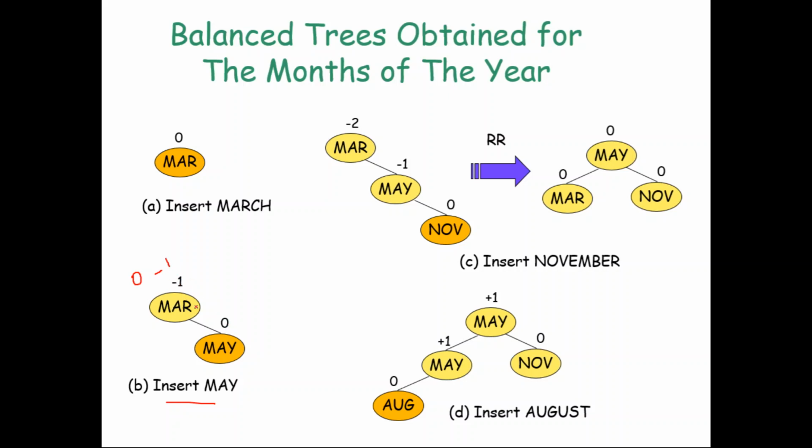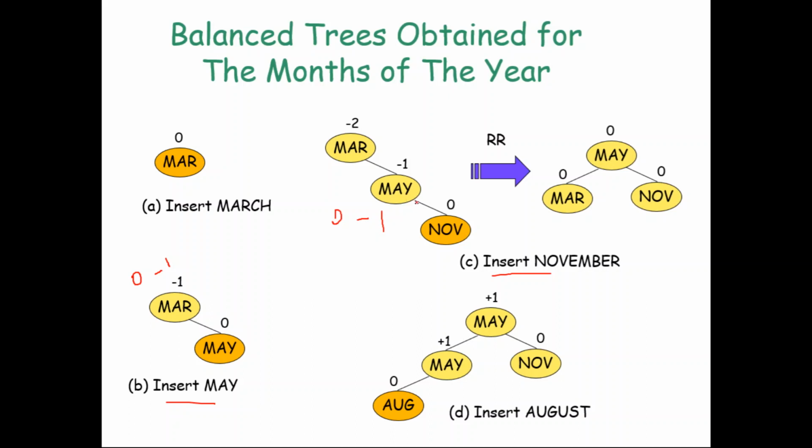Still it is balanced, because as long as the balance factor, ignoring the sign, is less than or equal to 1, it is fine. Now you want to insert November. November is greater than March and greater than May, so it comes here. The balance factor of November is 0, but for May there is no left child, so 0 minus 1 right child is -1.